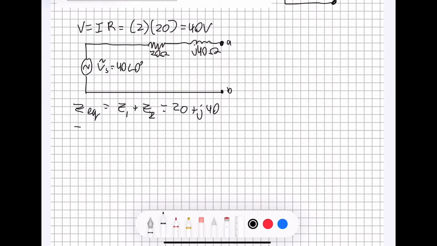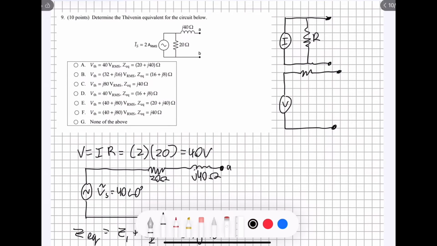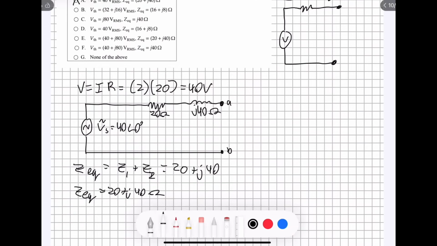All right, so the equivalent impedance is 20 plus J40 ohms. Given this right here, and our voltage, which we already found, we now know that the correct answer for this problem is going to be A, right there.